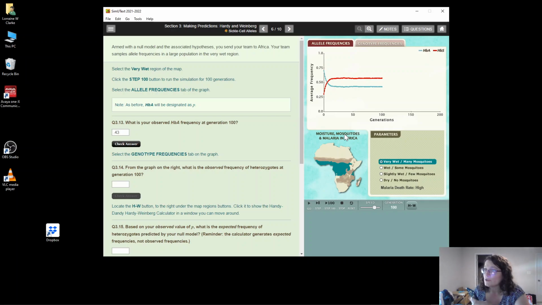This would be 2 times 0.43 times 0.57. 0.49. We'd expect it to be close to 50%. If everything is in equilibrium and there's no heterozygote advantage, this is what we expect.